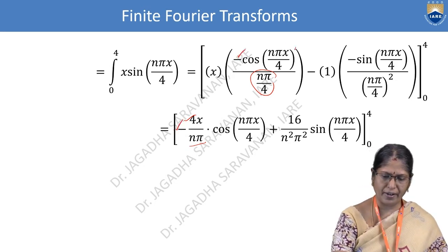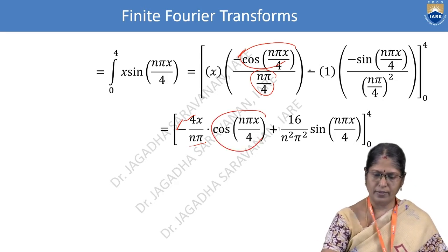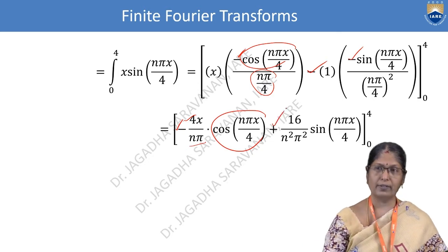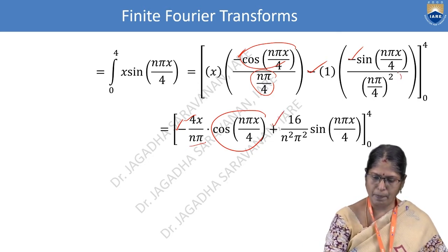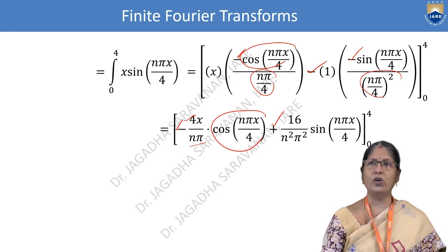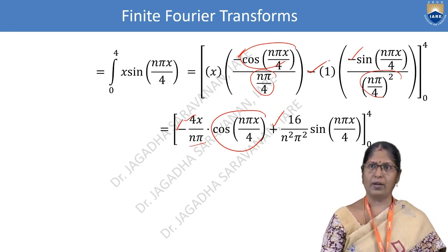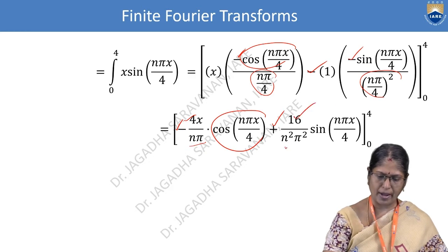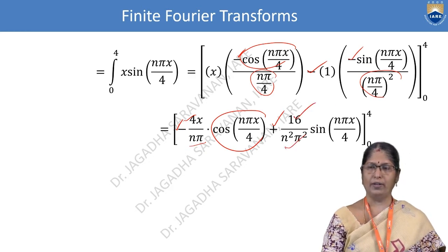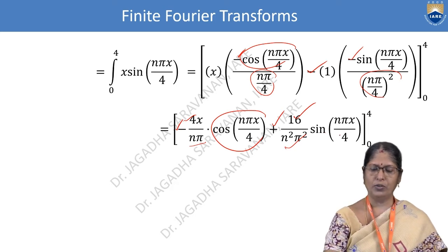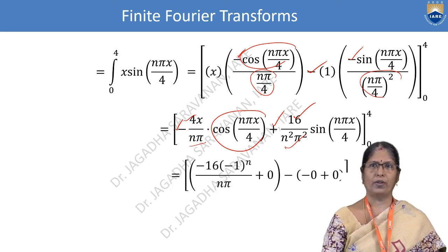The remaining we didn't touch, it is written as it is. This minus has become plus. Now n pi by 4 the whole square, so it has become 16 by n square pi square, sine of n pi x by 4, from 0 to 4.